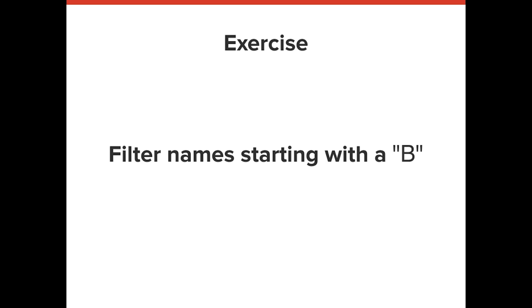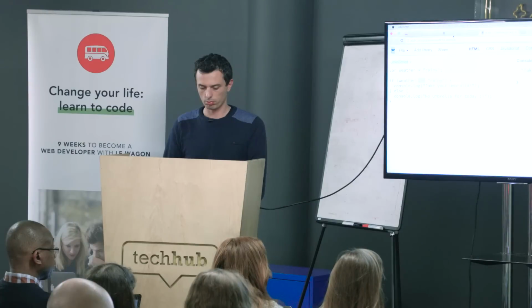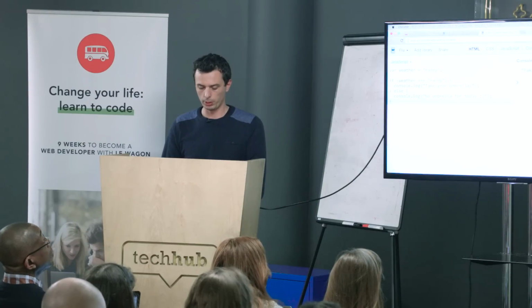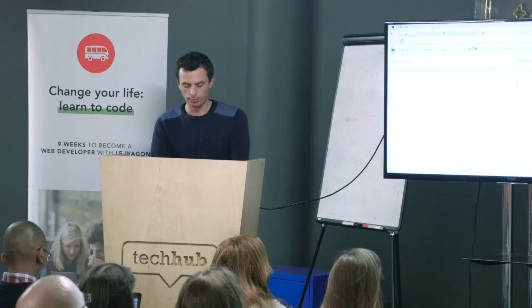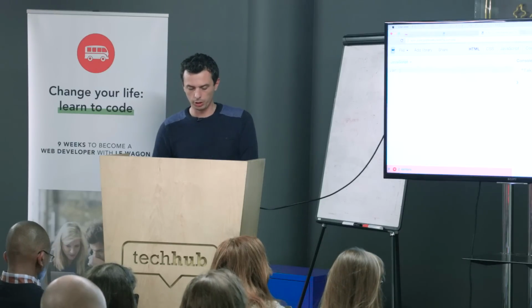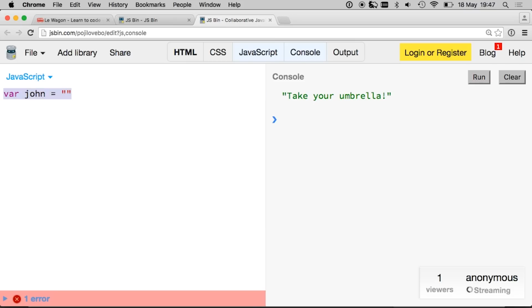So let's do some exercise with all we've known until now. Let's write a program which will identify names which are starting with a B. I need some boilerplate code to start with. So I have John. No, I need B names.